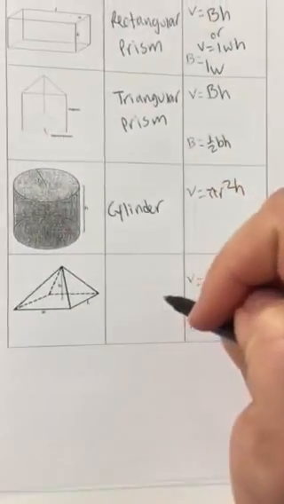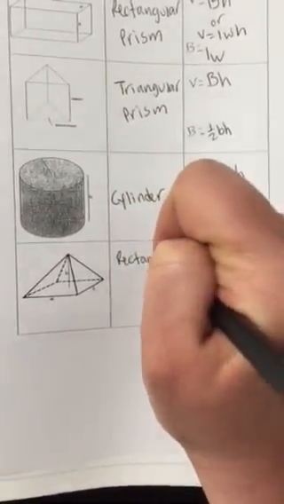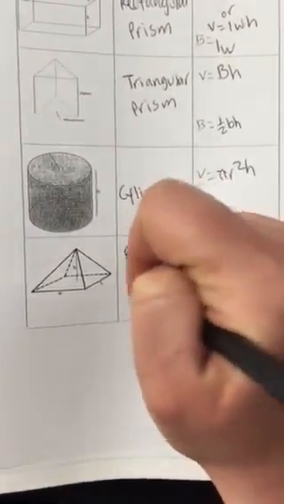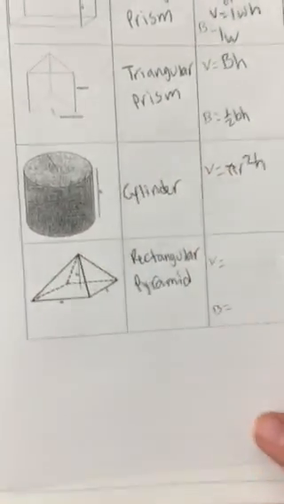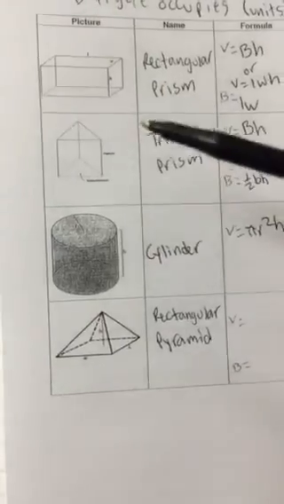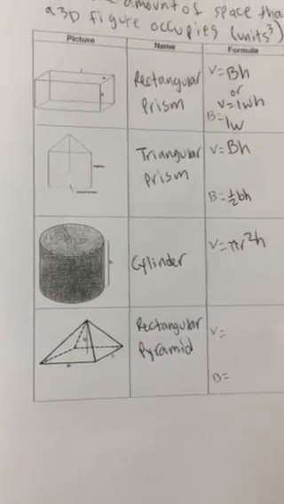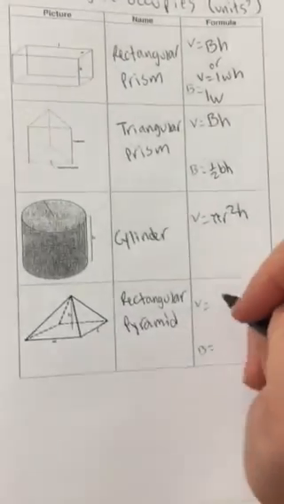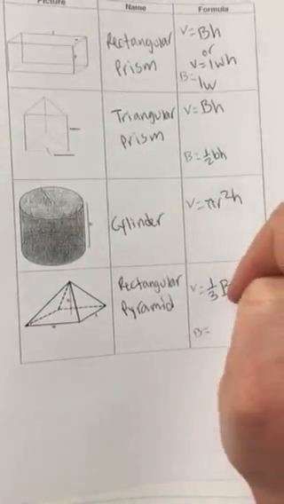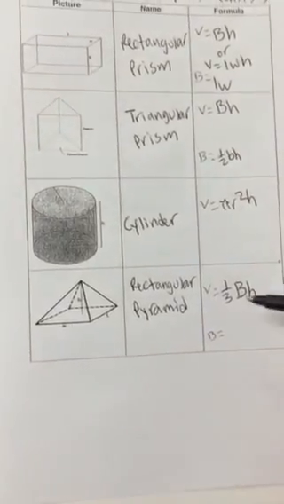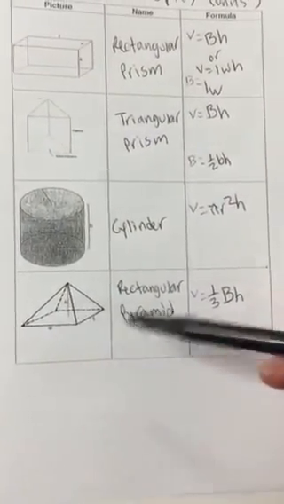Next, we have a rectangular pyramid. So it's a rectangular pyramid because the base is a rectangle. So a pyramid, similar to a prism, except a pyramid is going to be 1/3 the volume of a prism. So to find the volume, you do 1/3 times the base area times the height. And that base area is, again, the area of the rectangle.